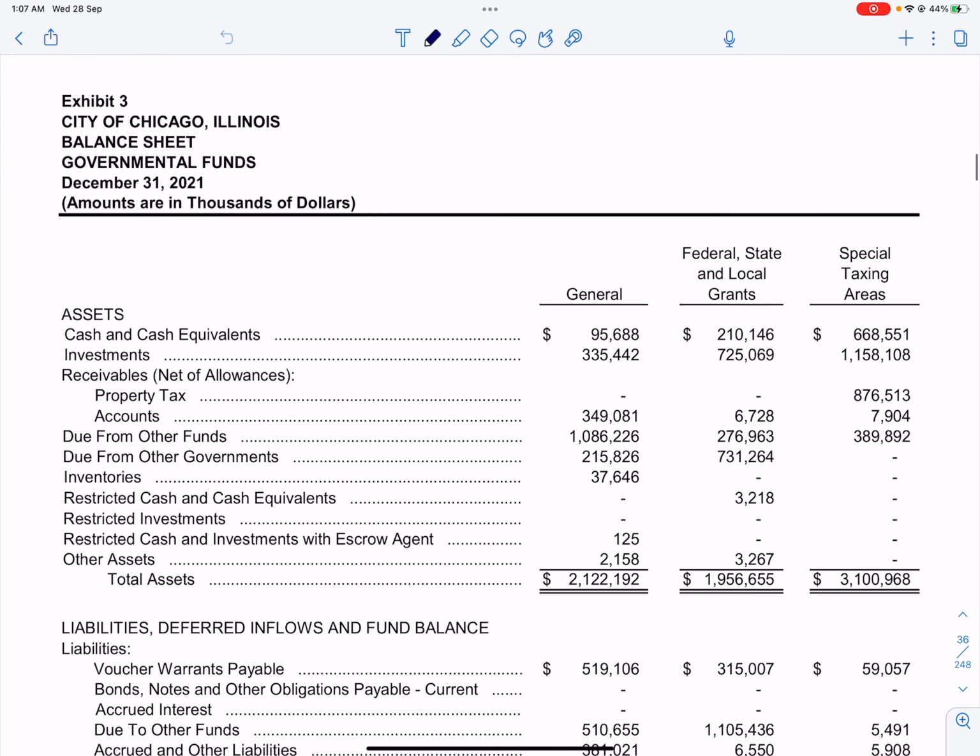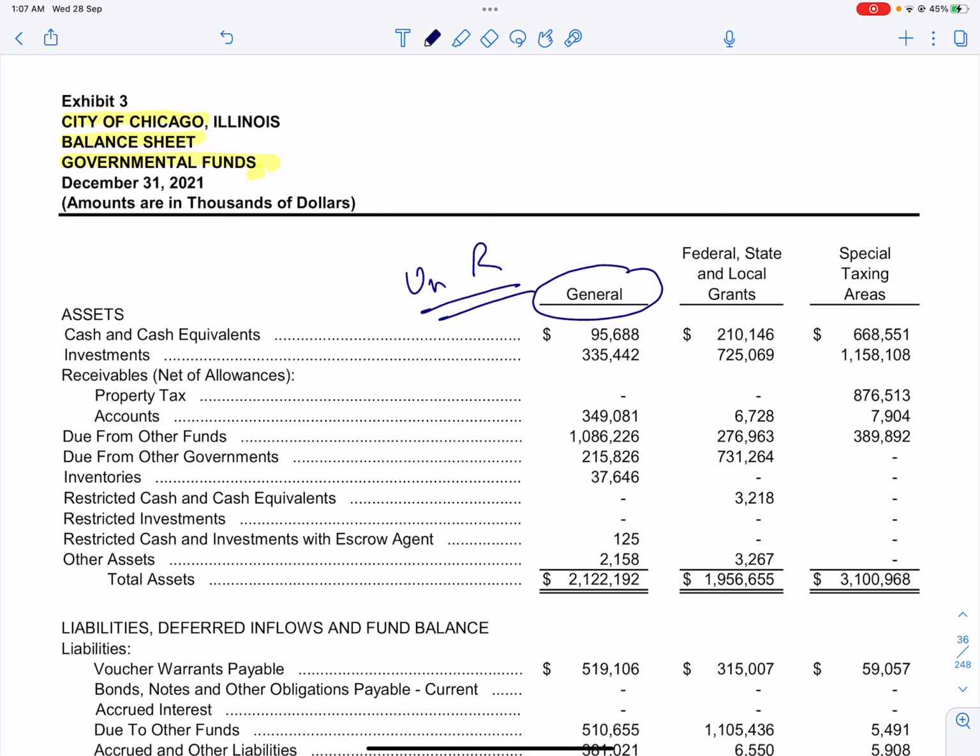So we have the city of Chicago balance sheet for governmental funds, and these funds are grouped into unrestricted funds and restricted funds. General fund is an unrestricted fund. As the term suggests, there are no restrictions in the use of these funds and they are used for general operations.